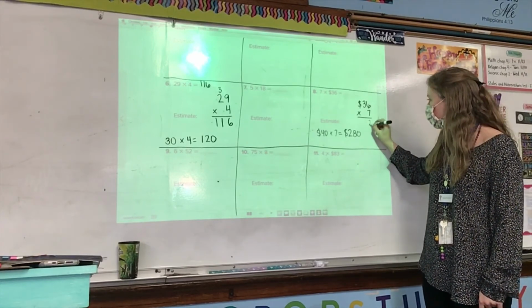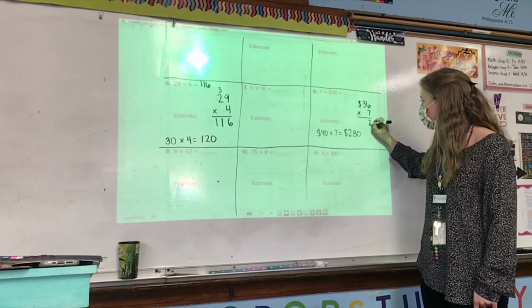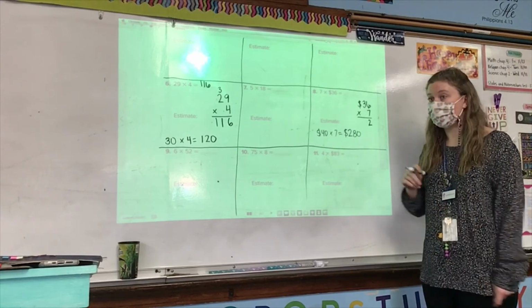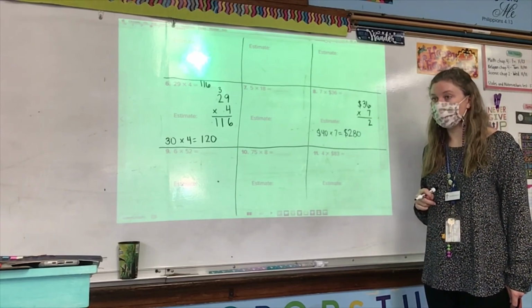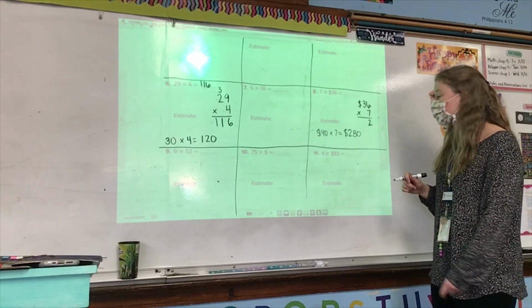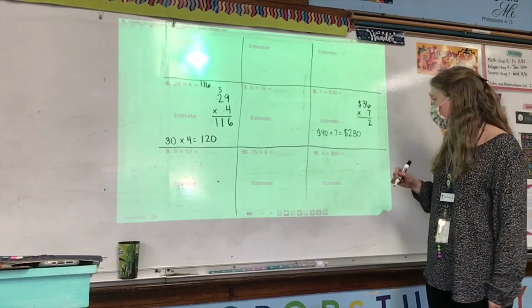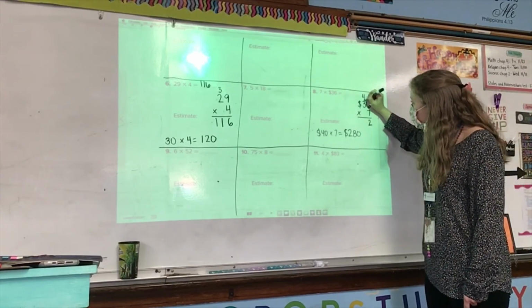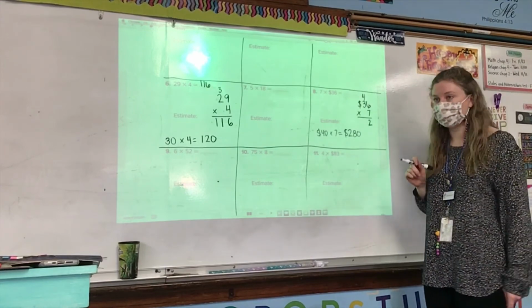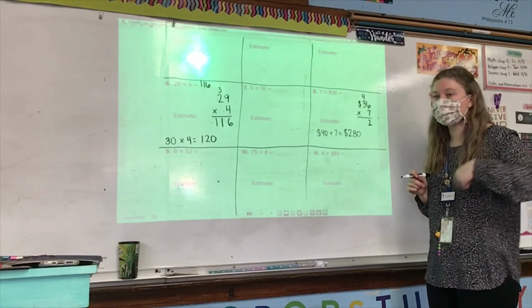What happens to that 4 in the tens place? What do we do with it? Put it above the, what's that math word? We regroup it to the tens, which means we write our 4 above the tens place. Okay, so that was step 2. Step 3.